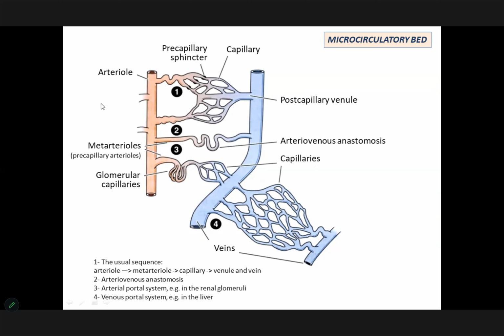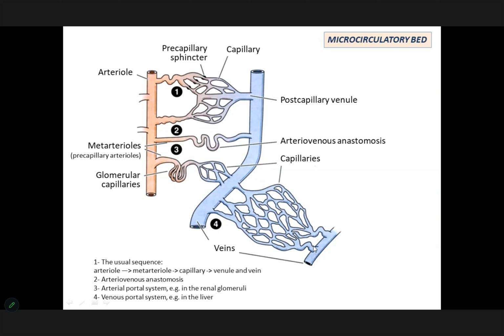But in some other cases, we have differences. For example, the blood can flow directly from arteriole into the venule through the arteriovenous anastomosis. Or we can have the portal system, where the blood capillaries are located between two arterioles, like here, or between two venules, like here.